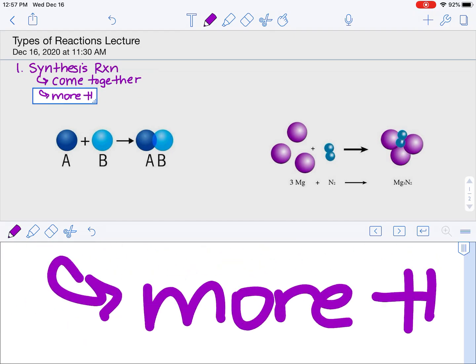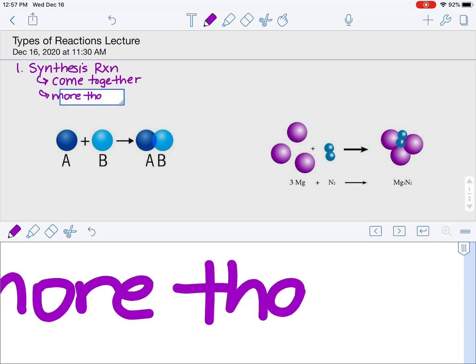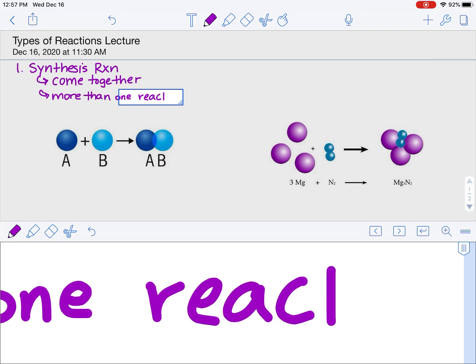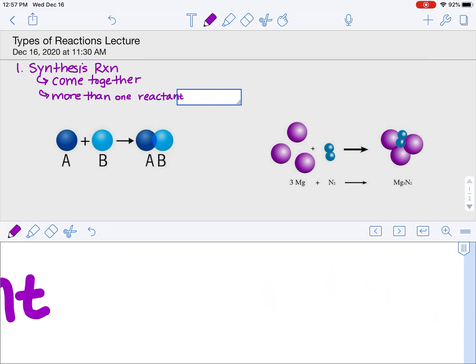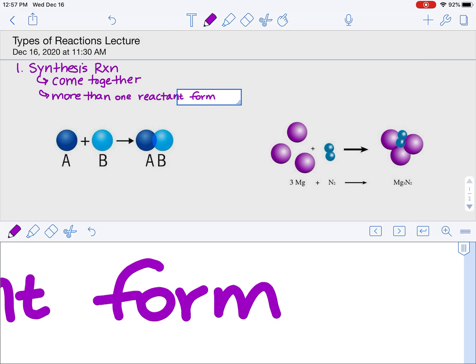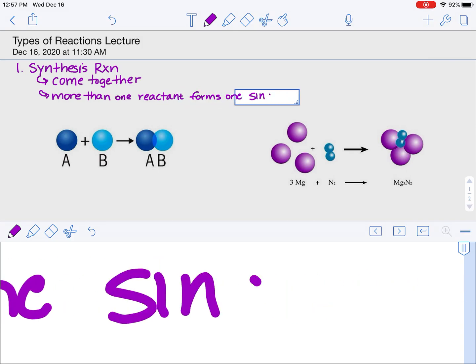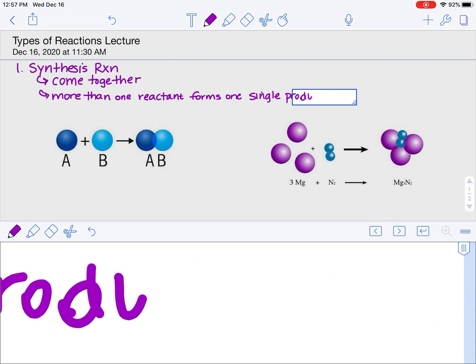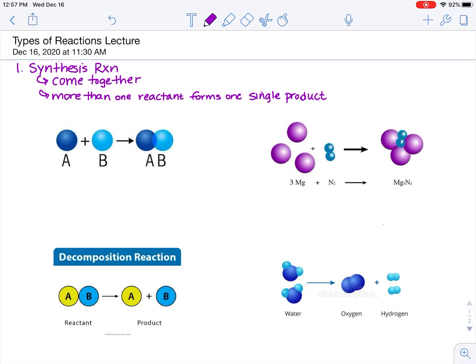More than one reactant will come together to form one single product. And it's this one single product that we're going to use to help us recognize it.